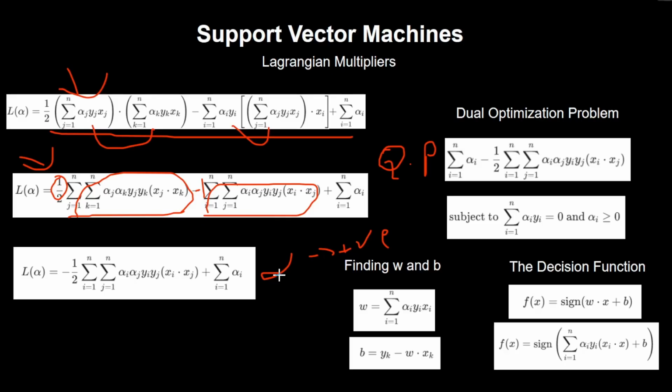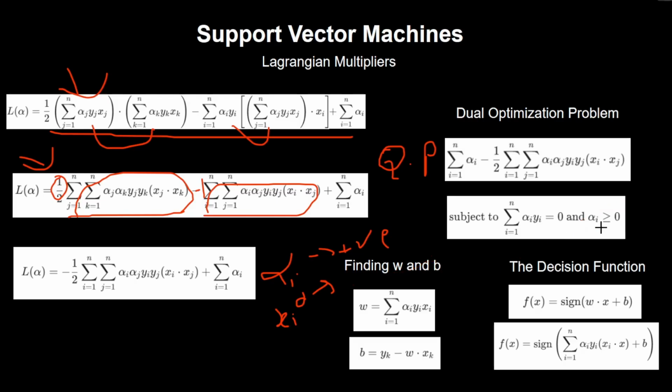Using these alpha values, for each data point we can find the data points which will actually have an effect, which will have a positive value of alpha, and we can ignore the data points where the alpha value is zero. It can only be positive or zero.